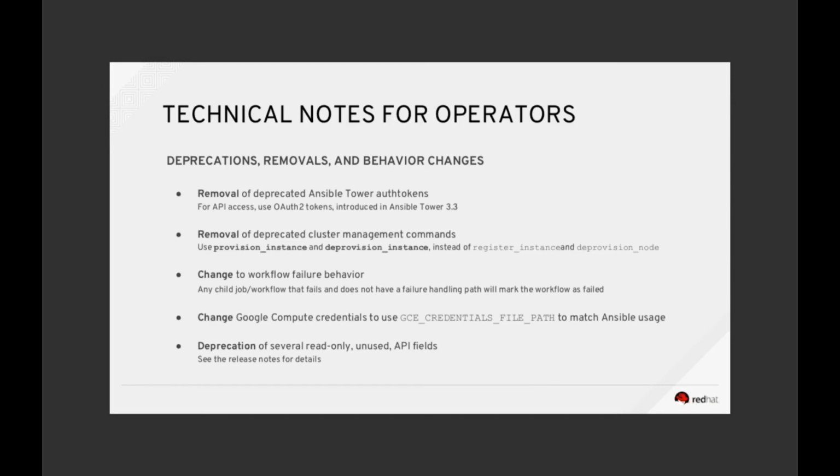We have made a minor adjustment to how workflow failure is calculated. Now, if any step in your workflow fails and is not caught by a rescue step, the workflow will be marked as failed. So you can more easily see the status of the workflows in your infrastructure. We've updated how we use Google Compute credentials to match how upstream Ansible does. And there are a few deprecated read-only API fields that you can see in our release note.